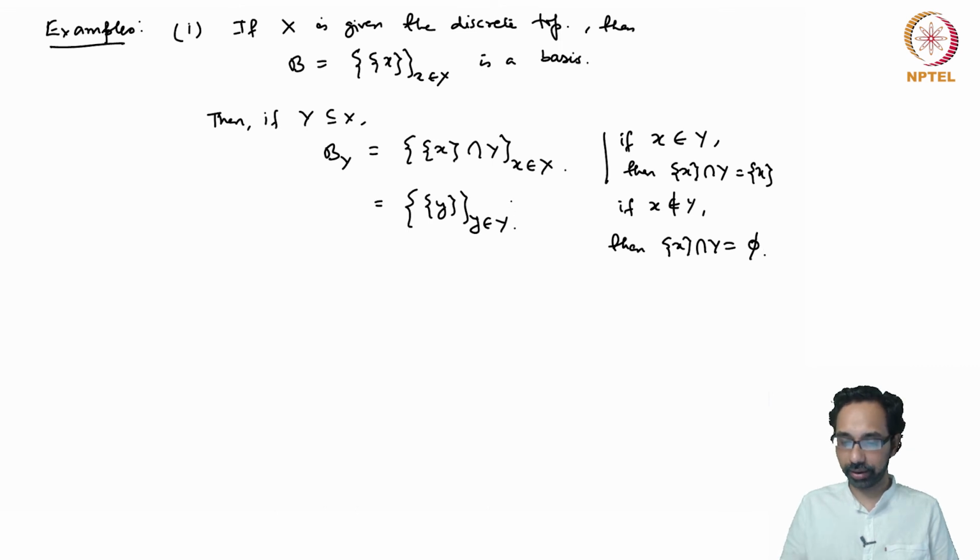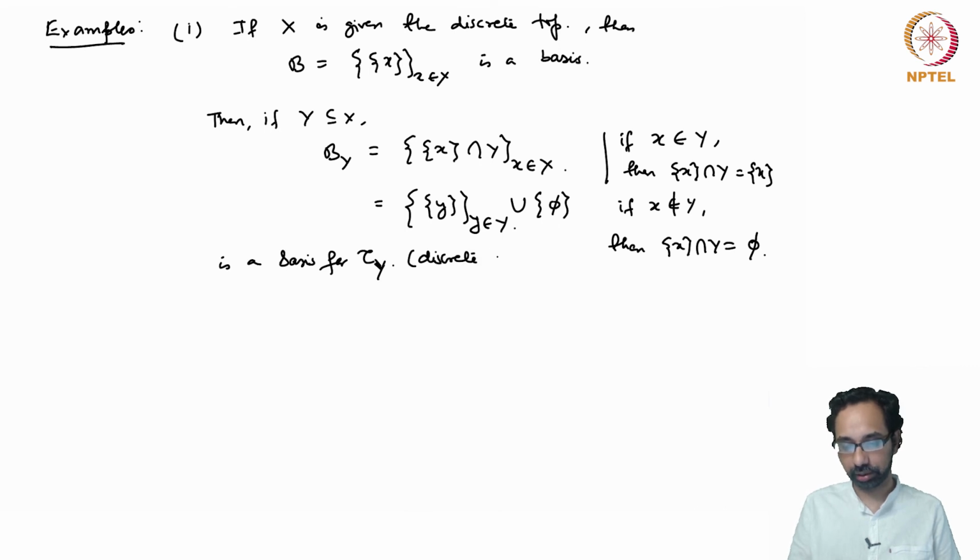So we add the empty set as well in this collection B_Y. Okay, and this is a basis for tau_Y, and this is nothing but the discrete topology on Y. Okay, so the subspace topology on Y is nothing but the discrete topology on Y.